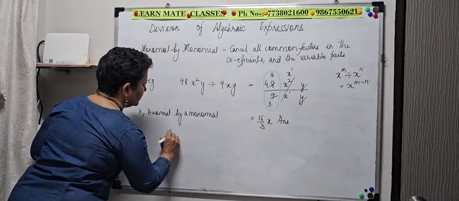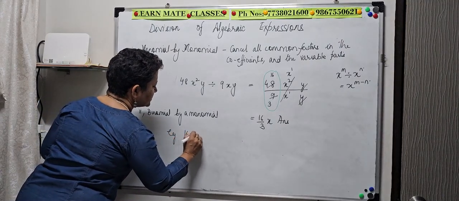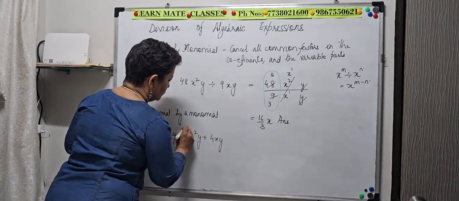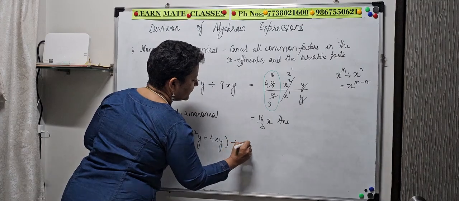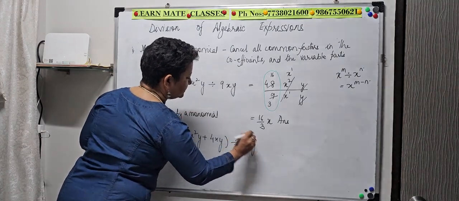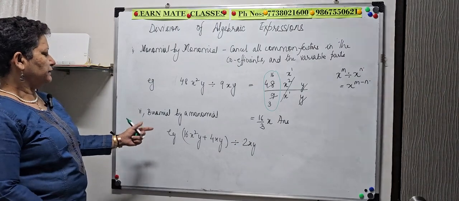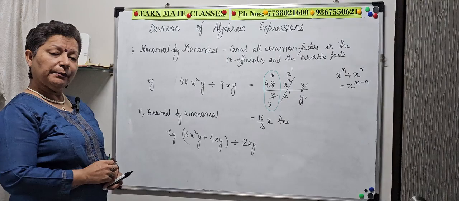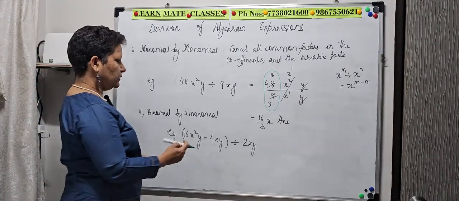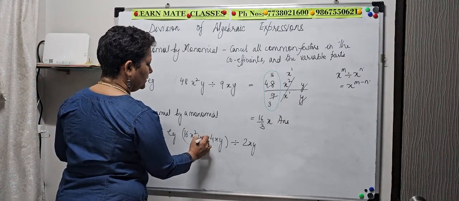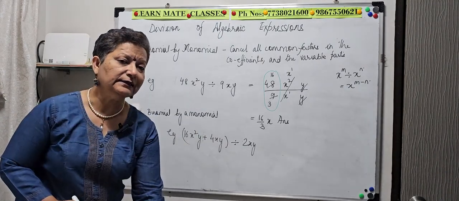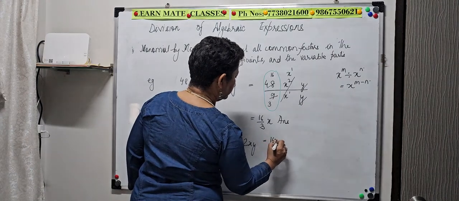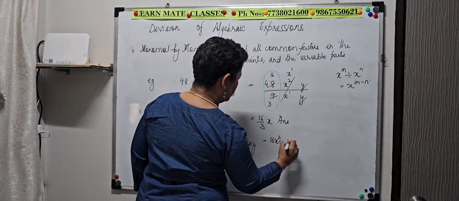Let me give you an example of 16x square y plus 4xy to be divided by, say, 2xy. That's the first term here is a binomial. This is a monomial. Remember, even when we are doing multiplication, what we were doing was we were splitting it up. So I'm going to write this as 16x square y to be divided by 2xy.